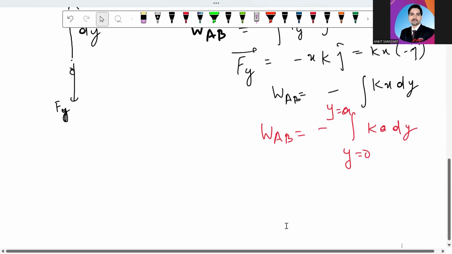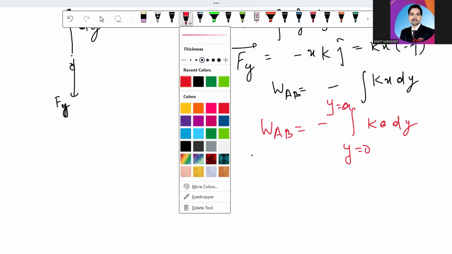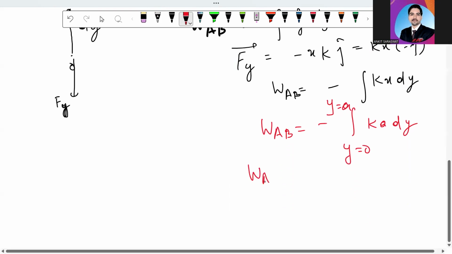So work from A to B will be what? From A to B, minus Ka integration dy, y from 0 to a. So the answer will be minus Ka squared.